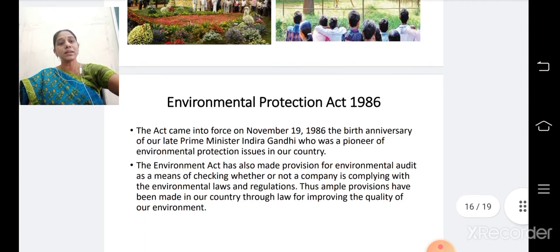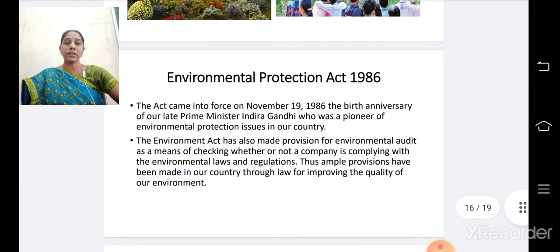Here some laws are required, like the Environmental Protection Act 1986. The act came into force on November 19, 1986, the birth anniversary of our late Prime Minister Indira Gandhi, who was a pioneer of environmental protection issues in our country.